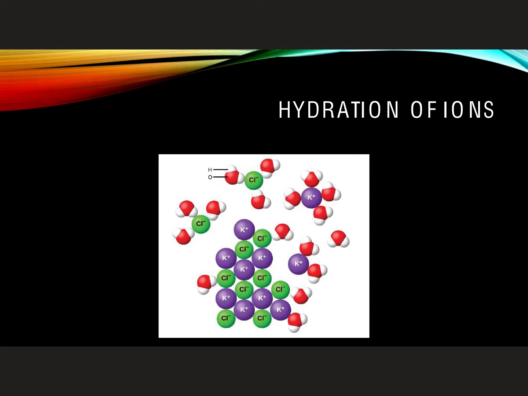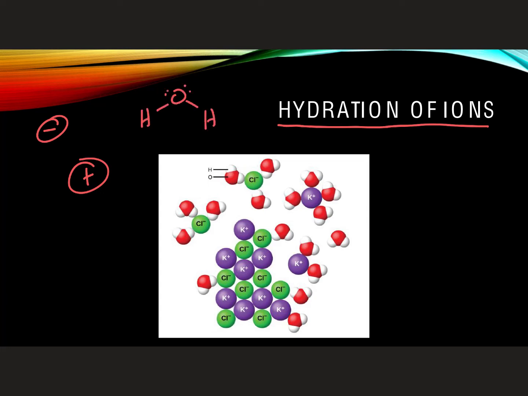When ionic compounds dissolve and break apart into ions, we get what we call hydration of those ions. Your ions are going to have either a negative charge or a positive charge, and you'll have both when you have an ionic compound. If we think back to geometries and polarity, water is a polar molecule.